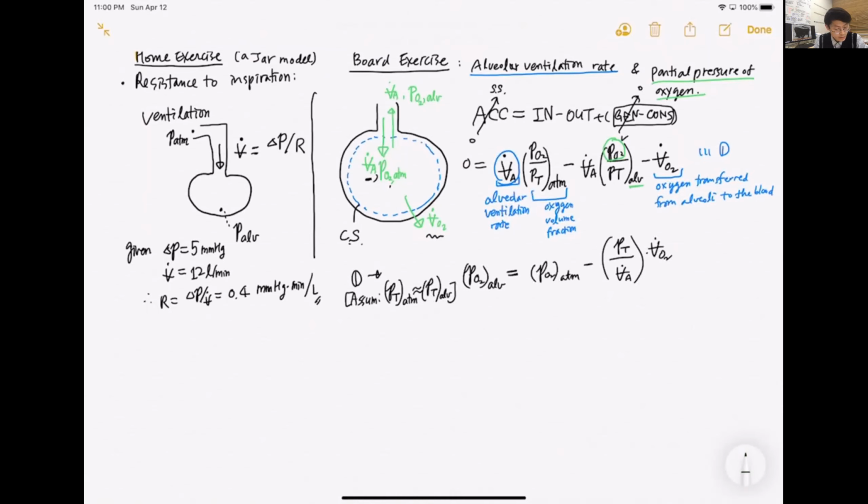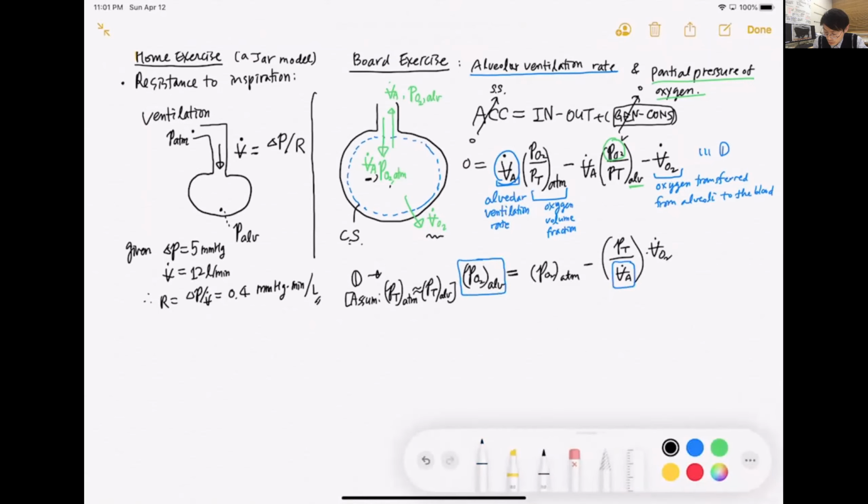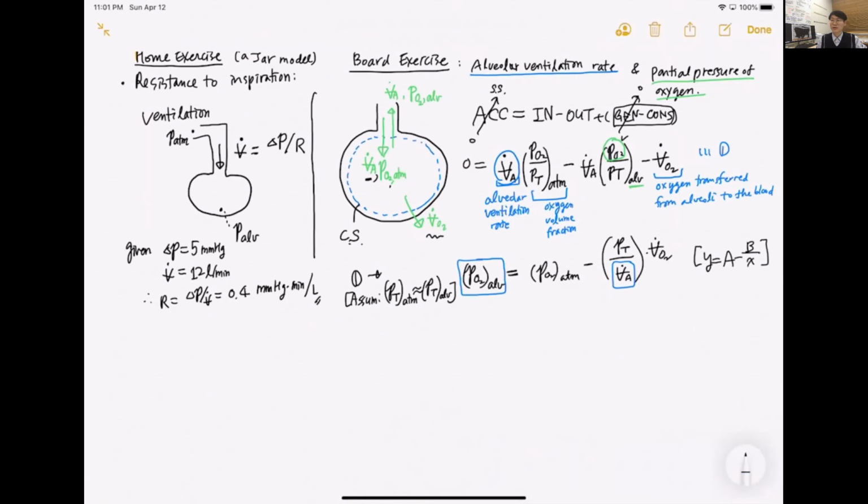What we are interested in is this alveolar partial pressure and the alveolar ventilation rate. This equation looks almost like y equals a minus e over x, so we can draw how this relation looks. Simply we can draw this in x and y. So it looks like this.